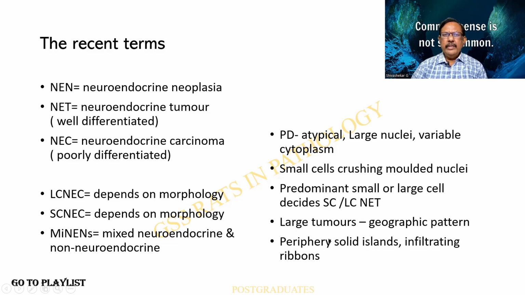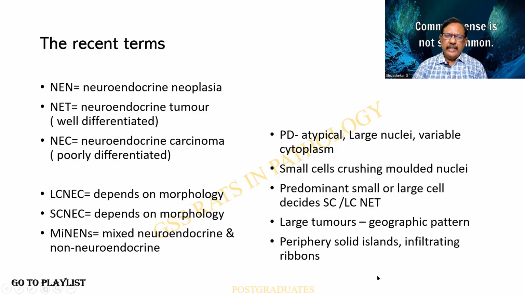The large cell tumors have got some kind of a geographic pattern. The patterns of this tumor I shall be telling you shortly. Geographic is nothing but a map-like irregular outline, the periphery of which might be showing solid islands which are infiltrating into the surrounding tissue. So these are the features in general of the atypical or the poorly differentiated neoplasm.